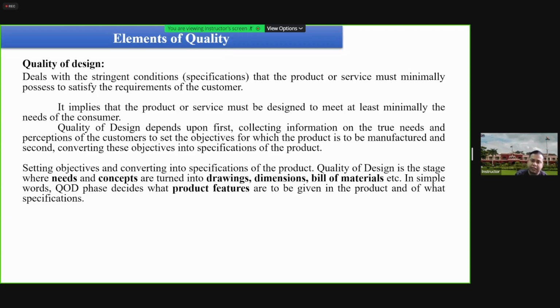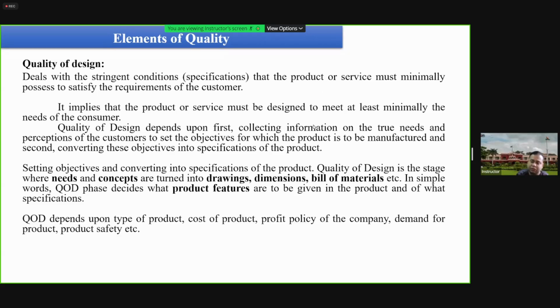Now, quality of design, the basic idea is that we are designing those specifications, those needs, into the product. But this quality of design will vary upon our customer also, because ultimately we are starting from the customer needs by collecting the information regarding them. So how stringent the specifications we have to put into the product will be determined by who our customers are.